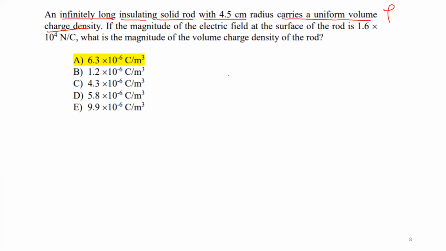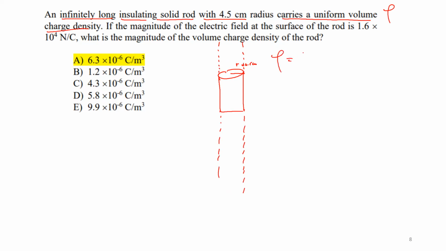So let me plot it. So I have a very long rod. So this is it. This is my radius R, which is 4.5 centimeters. And this is extremely long, going down. And it has a uniform volume charge density rho.